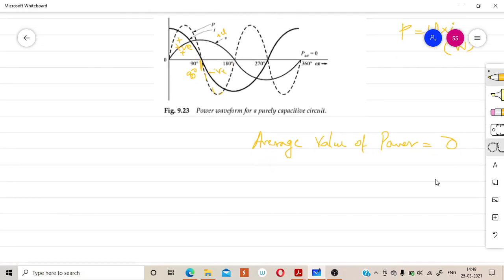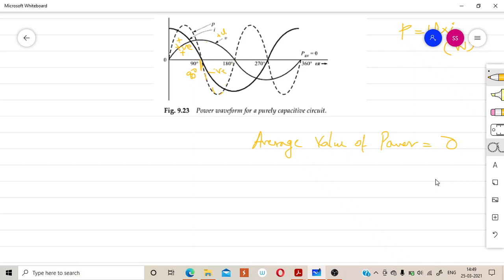That means the average value of power is 0, which means whatever power is supplied by the source to the load is returned in the next half cycle.